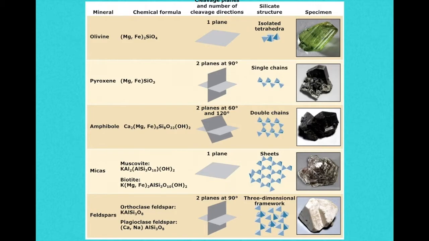Muscovites, or sheet silicates, typically have a single plane of cleavage. They are planar, so if you remember from lab, we have muscovite micas and biotite micas. These can get extremely complex in their chemical formula because they are in this sheet orientation.